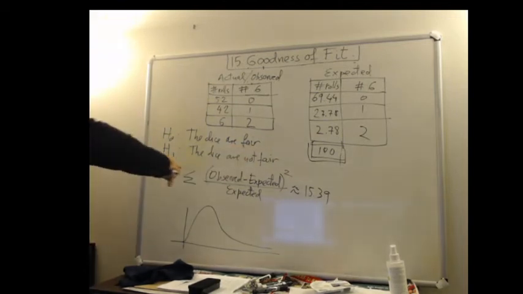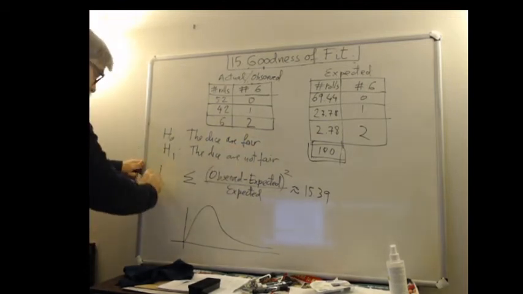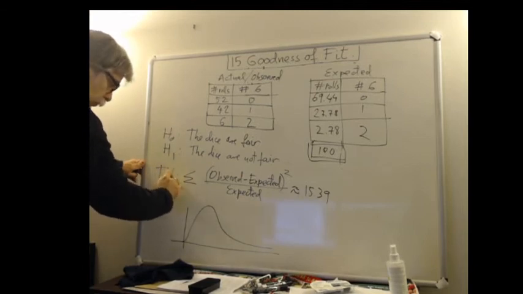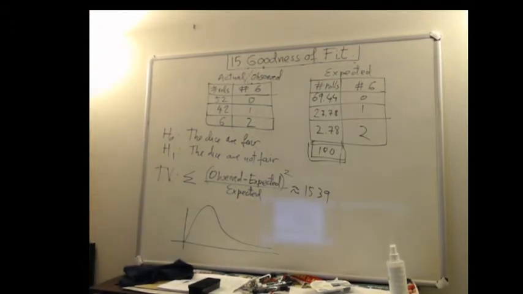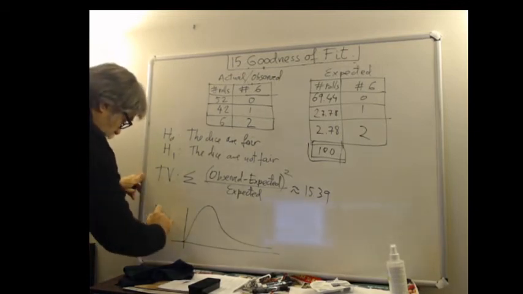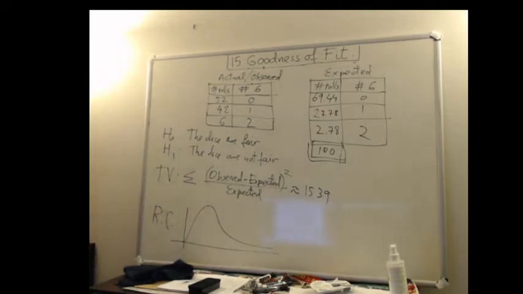And then you have the test value. This is going to be the test value. You can also call it the test statistic. Test value, test statistic. And now you have a rejection criterion. Rejection criterion, you have the tail. Do you have this value in the tail? So now the question for you is, what level of significance do you want, and what tail are we talking about? We're going to use a level of significance of 5% when you don't have any better idea.